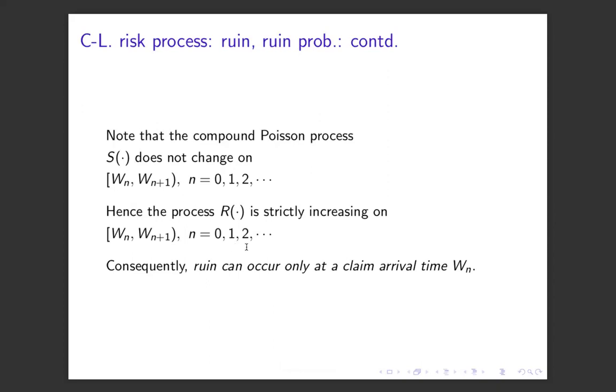What is the meaning of ruin? R going below 0. That means if it is strictly increasing, and no ruin has happened at Wn, it cannot happen before arrival time Wn plus 1. So ruin can occur only at a claim arrival time W.